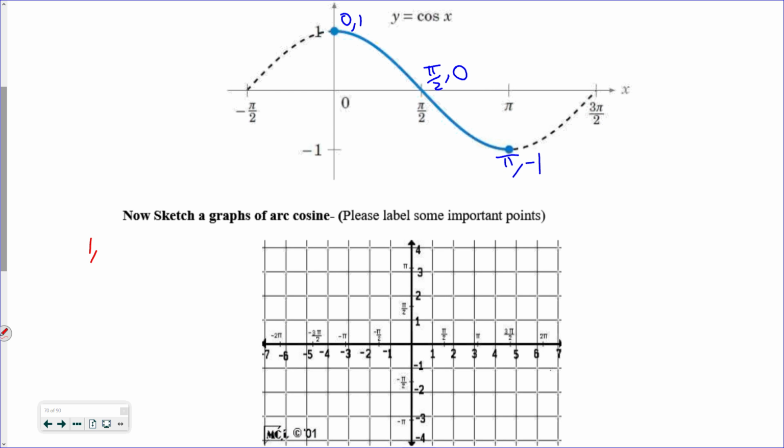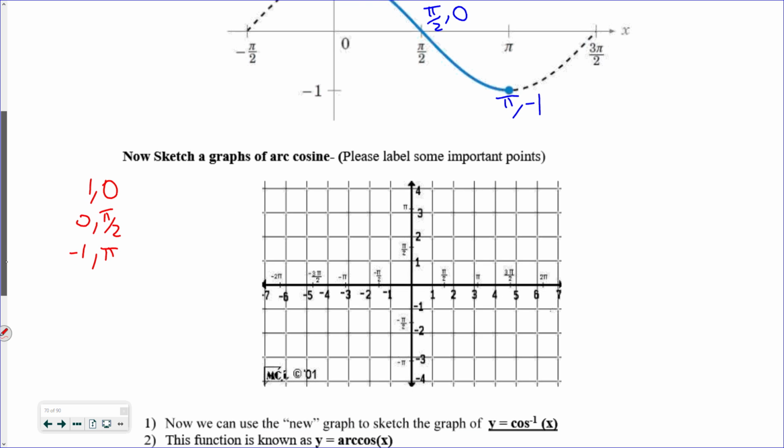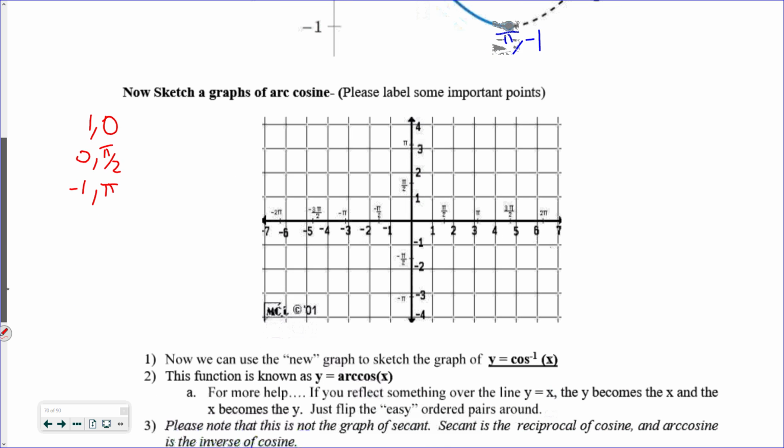That's going to be (1, 0), (0, pi/2), and (-1, pi). This can be a little tricky to graph. Sometimes you may need some more information, but we're just going to try and sketch it out as best we can. So here is (1, 0), (0, pi/2), and (-1, pi) up all the way at pi.